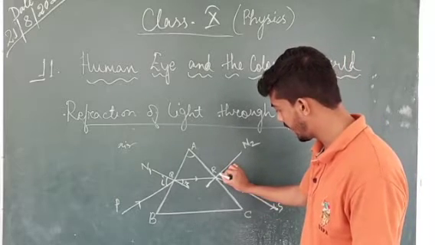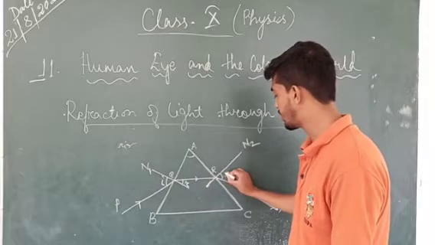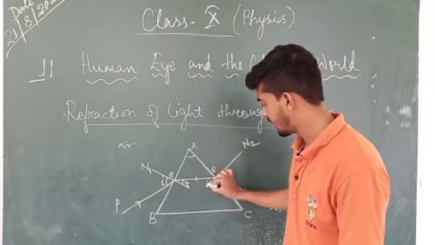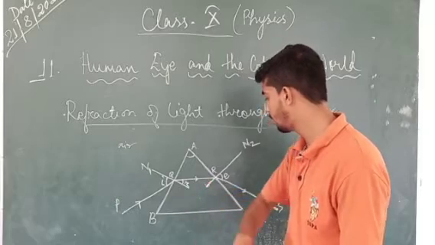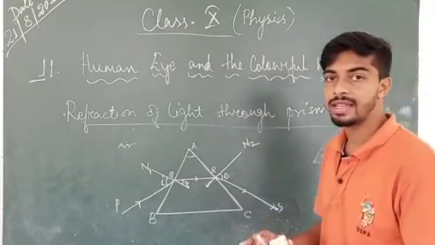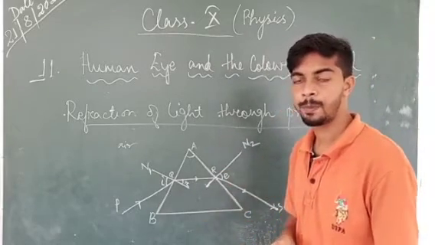So again here it will make an angle with the normal number 2, which is E, the angle of emergence. So this is how light bends inside a prism. This is how light refracts.